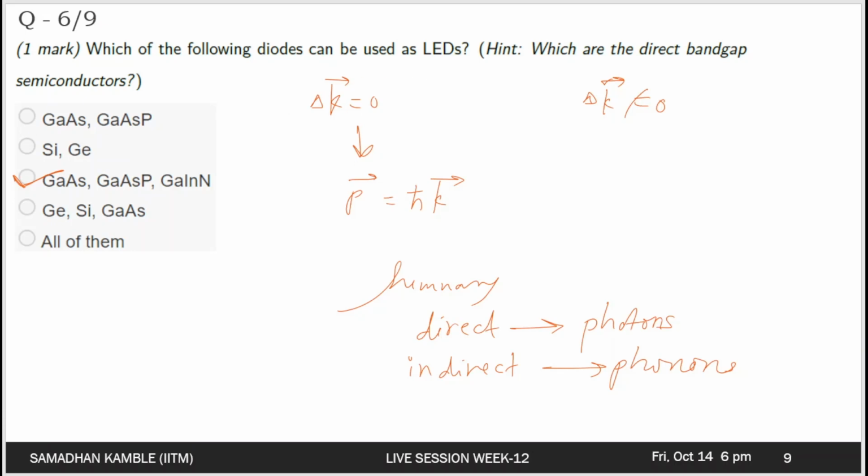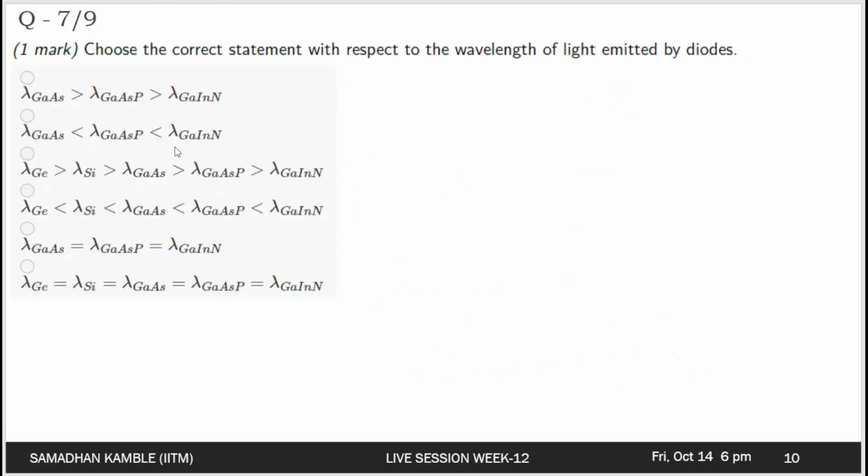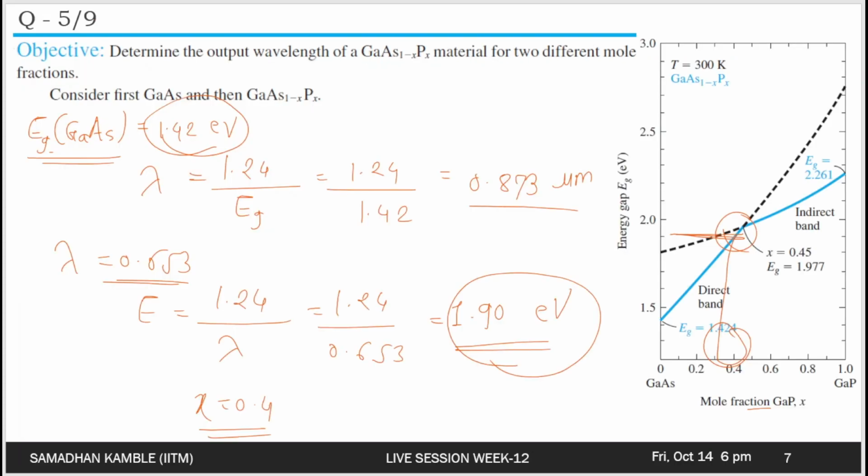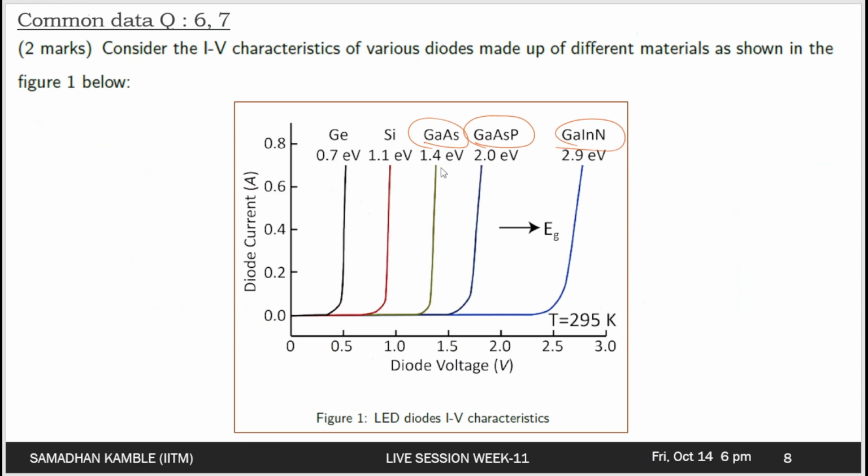Based on the same data, we have question number 7, and it is as follows: choose the correct statement with respect to the wavelength of light emitted by diodes. Their band gaps are indicated in this figure, and we can see that the band gap of gallium indium nitride is higher than that of gallium arsenide phosphide, which is higher than that of gallium arsenide.